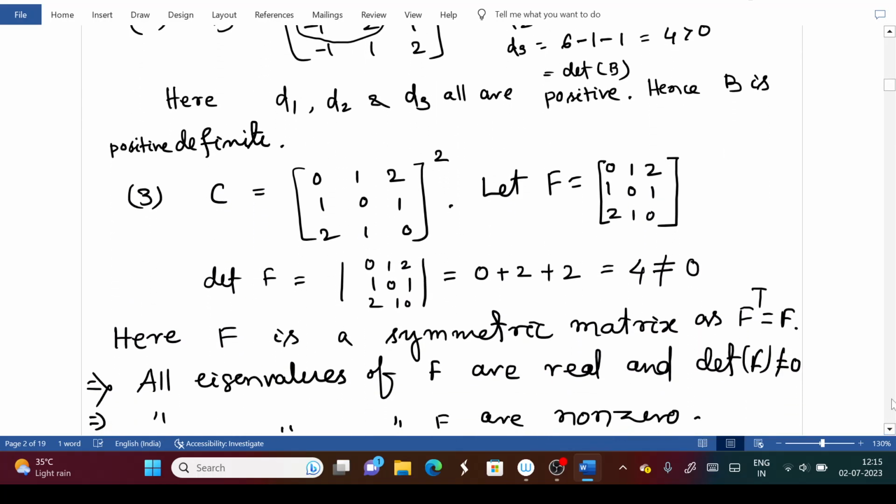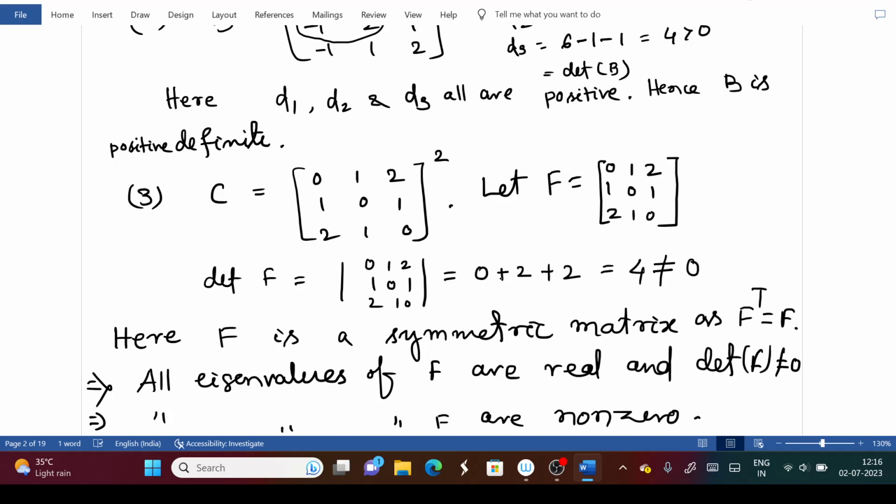Now let us discuss C. Here observe C is the square of a symmetric matrix. Let that symmetric matrix be F. As F is symmetric, all its eigenvalues are real. And as the determinant of F is equal to 4, which is non-zero, all the eigenvalues of F are non-zero real numbers.